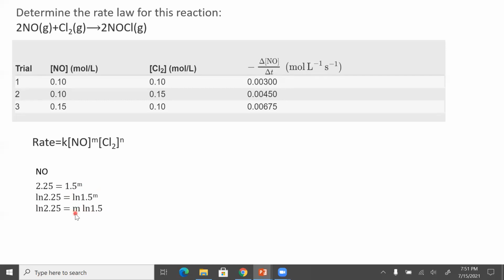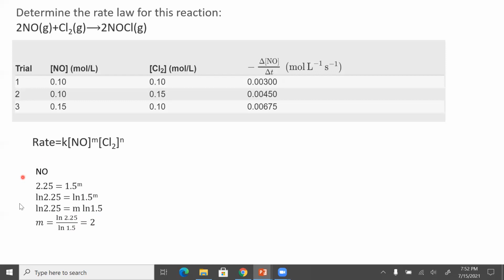Well, how is that going to help us? Well, we're trying to find M, so we can divide both sides by the natural log of 1.5, and that will give us M. So M equals the natural log of 2.25 divided by the natural log of 1.5. And when we plug that in the calculator, we get 2 for an answer.